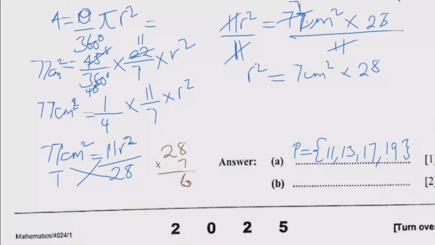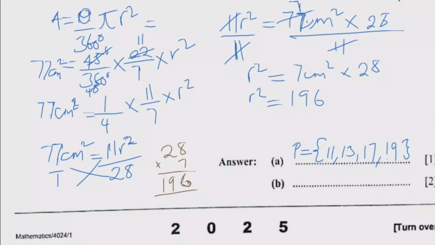Then 7 times 2 will give me 14, plus 5 will be 19. So I'm going to have 196, which means r squared is equal to 196.